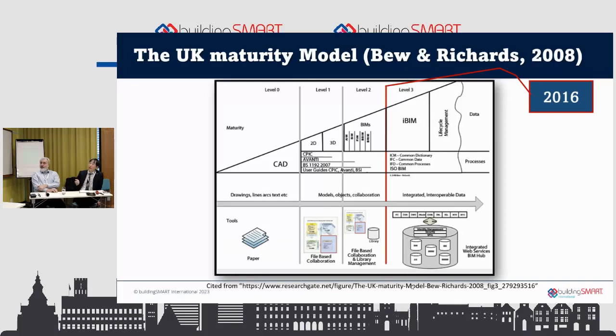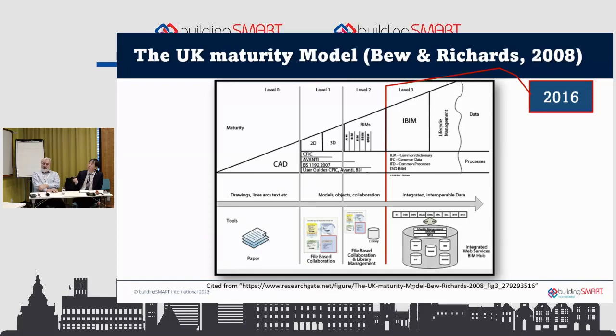And then the upper side, the UK mandatory maturity model, is also defined in the UK as the UK maturity model, and the very famous view. Richard defined this chart in 2008, and from 2011, the UK adopted this chart and made BIM mandates, and their goal was 2016.